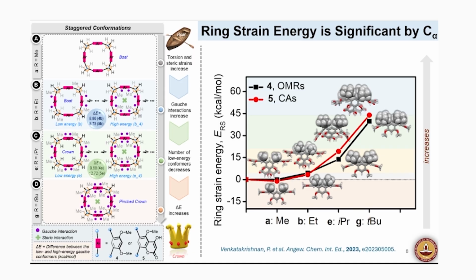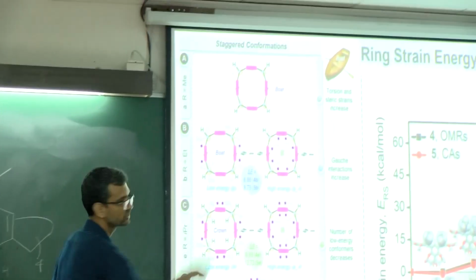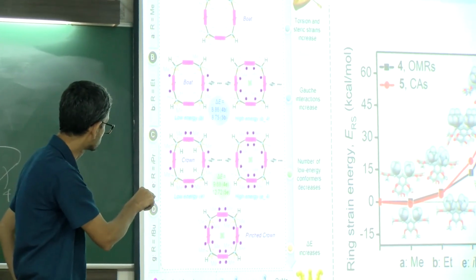This CH would eclipse with this CH, and it wouldn't like that, so that's a high energy conformation, it would tilt, forming a staggered, and you can have 4 of such staggered conformations because each of the carbons is holding a methyl, right? They are all 4 rotors sitting on each of the carbons, and that is a structure that you call a boat. Ethyl also has that boat to boat conformation interconversion, right?